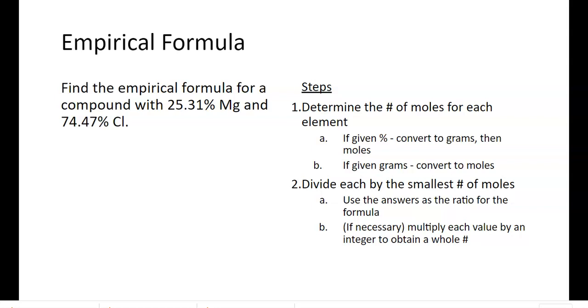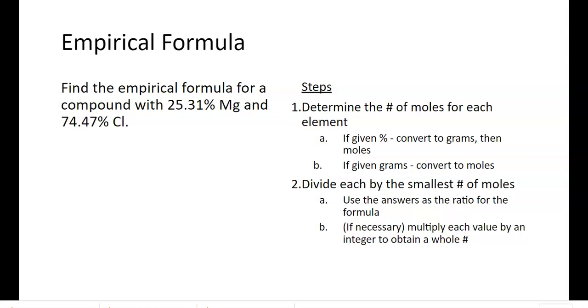Then, once we figure out our moles, we have to determine which one's the smallest. We're going to take that one, and I'll tell you why we take that one in just a second. We're going to divide it into everybody to make ratios. Once we figure out that division, as long as we have whole numbers, that's going to be our subscripts.